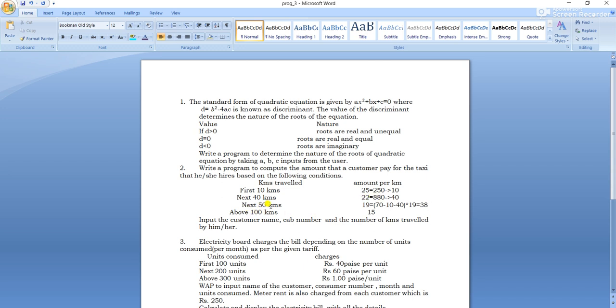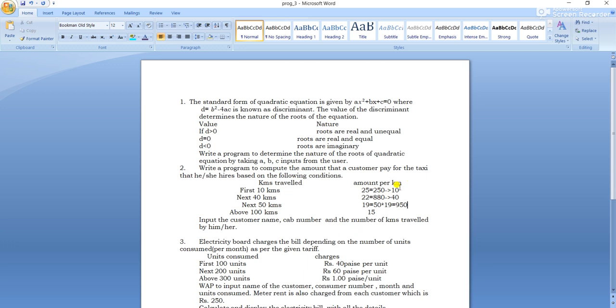Then the next 50 kilometers, so 50 into 19. Sorry, I said 100, it is 50 into 19, because 50 is the case. So 50 into 19 becomes 950. Then you can observe first 10 you got, next 40 kilometers you got, next 50 kilometers you got.